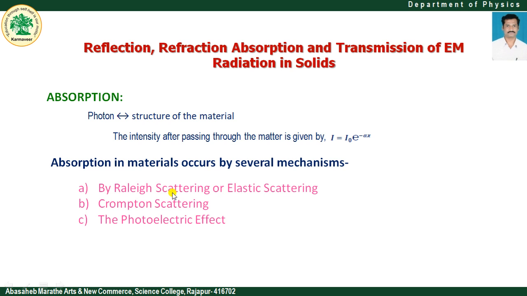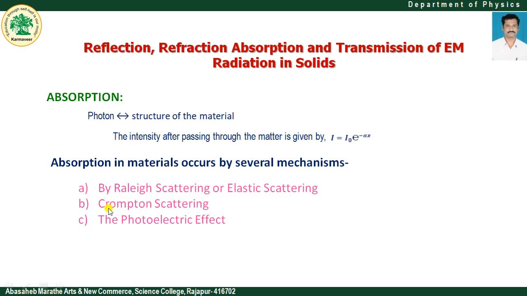Rayleigh scattering is more significant for higher photon energies and is responsible for the color of the sky. Okay. Rayleigh scattering or the elastic scattering also depends on the particle size and is most efficient for the particles that are much smaller than the wavelength of the light.